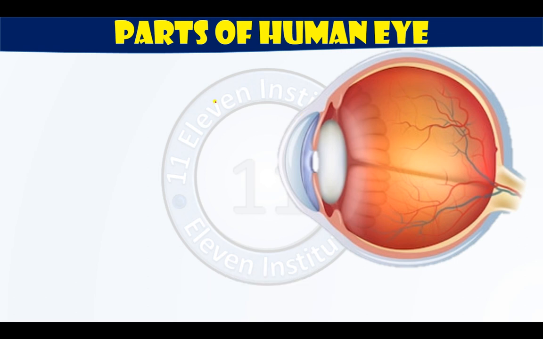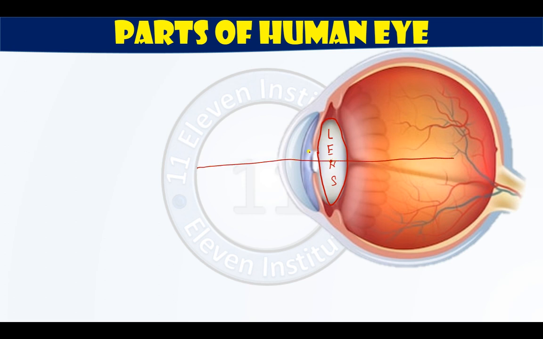So before starting, let me show you what actually happens. See, this is the eye lens. This portion is the eye lens. Now, we very well know that a lens is able to do refraction. Suppose, just imagine that there is a principal axis over here.